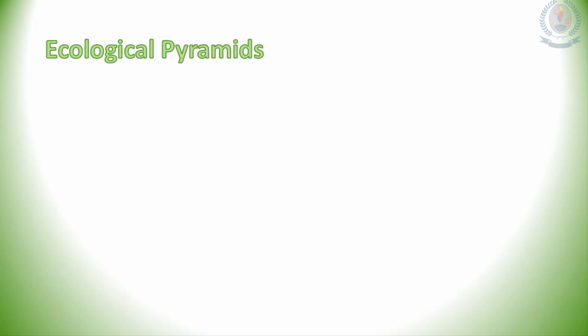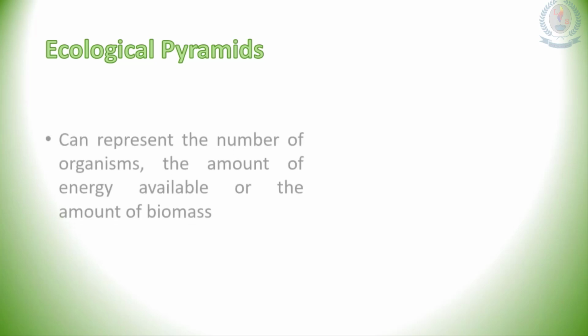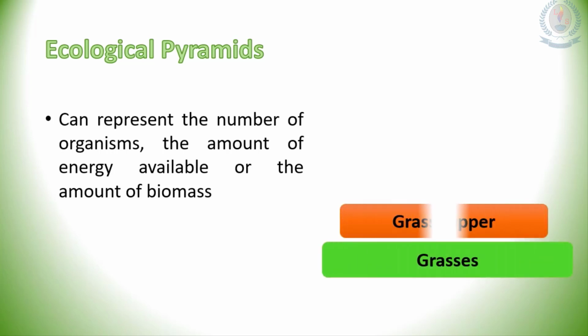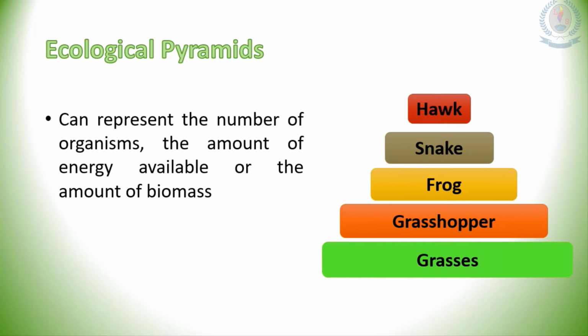In addition to food chains to represent feeding relationships, we can use pyramids. So ecological pyramids can represent the number of organisms or the amount of energy available or the amount of biomass. Look at this pyramid. You can see that the bottom line belongs to the producer, the grasses.